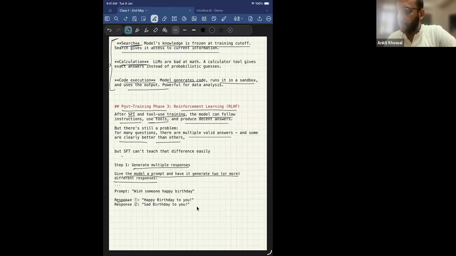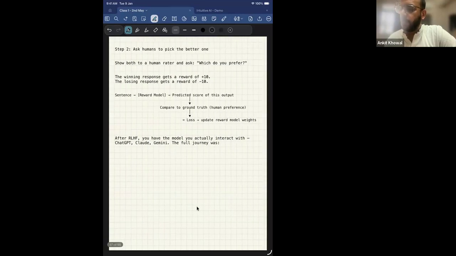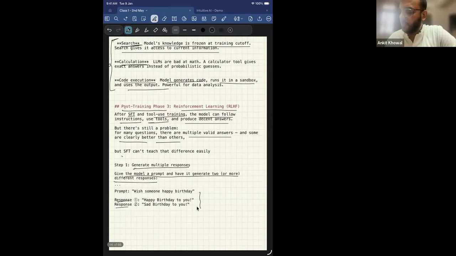So the model will give me two responses: happy birthday to you, sad birthday to you. Now the model does not know what is good or what is bad. Here is where humans will come, and they will say that, okay, this was the right answer and this was not a very correct answer.